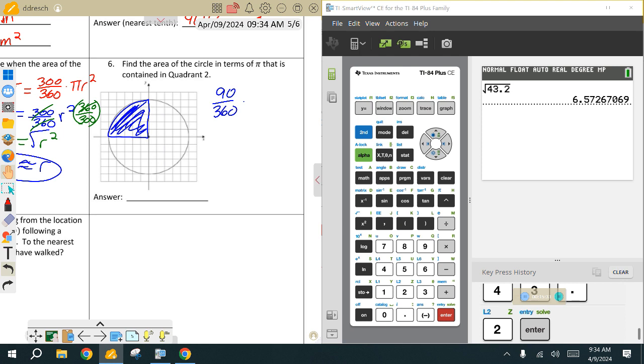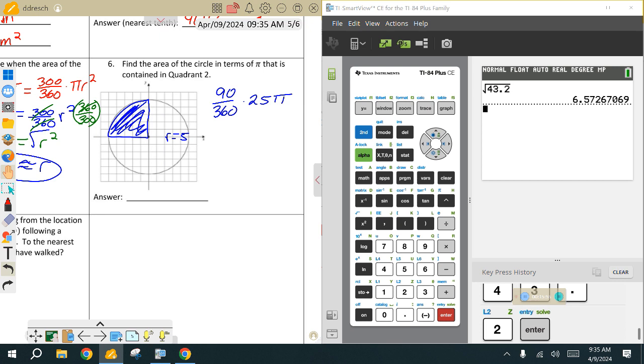Radius is what? 1, 2, 3, 4, 5. Looks like the radius is 5. And what is 5 squared? 25, right? And that's it. 25 pi.